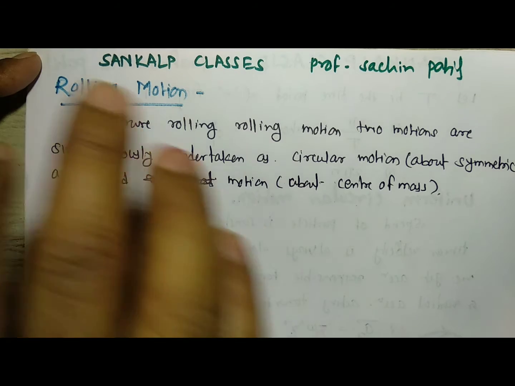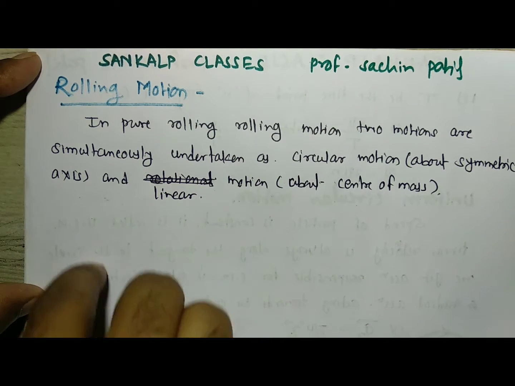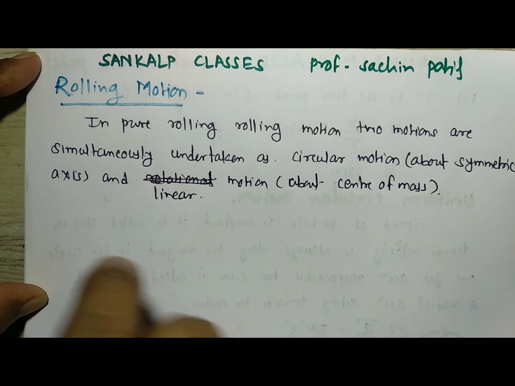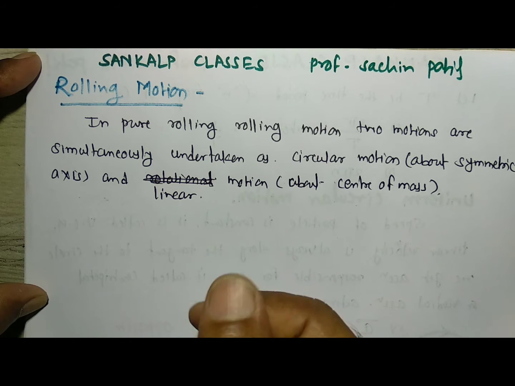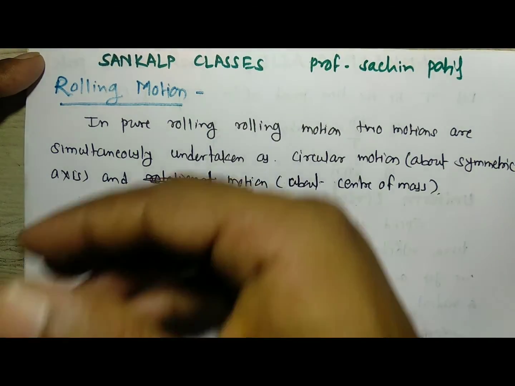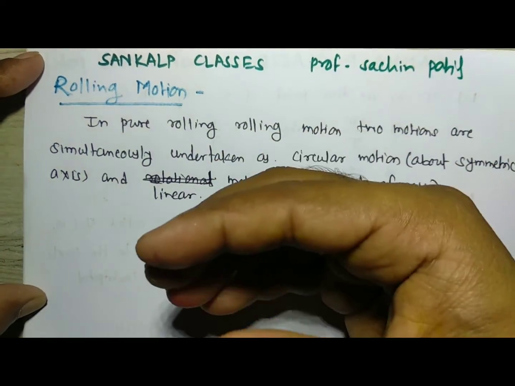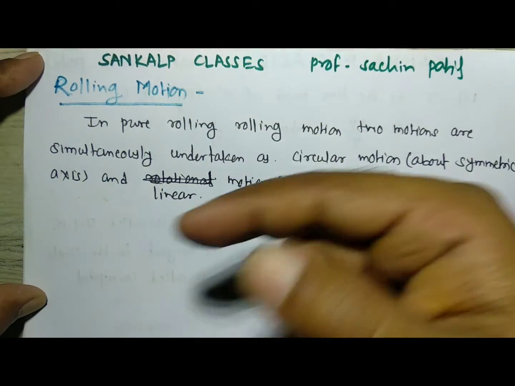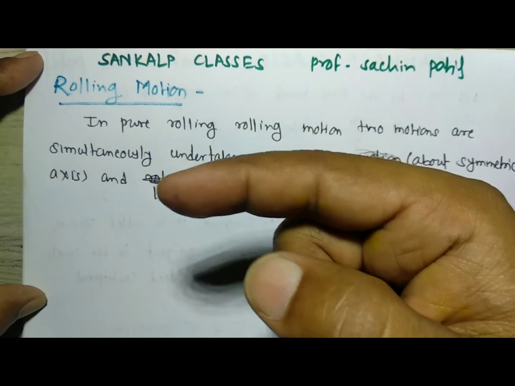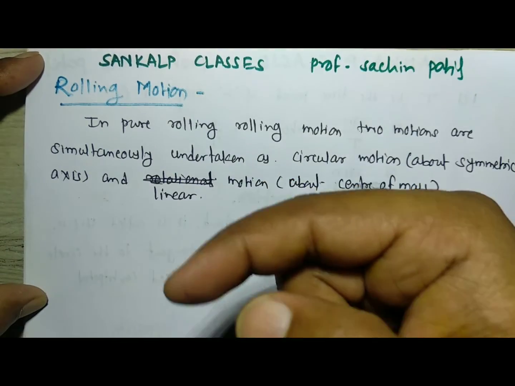First of all, the body is performing the circular motion about the symmetric axis. We know that the wheel of a motorcycle performs the circular motion about the axis, and its axis, or the motorcycle, is moving forward.